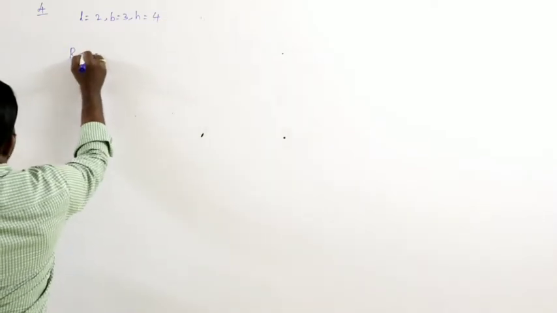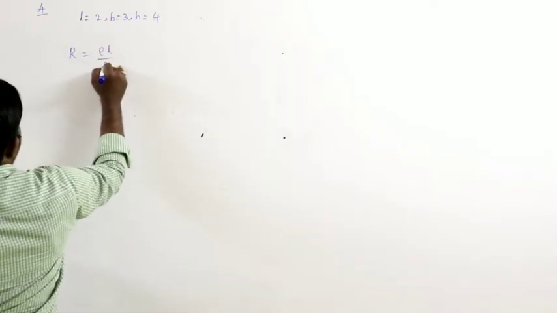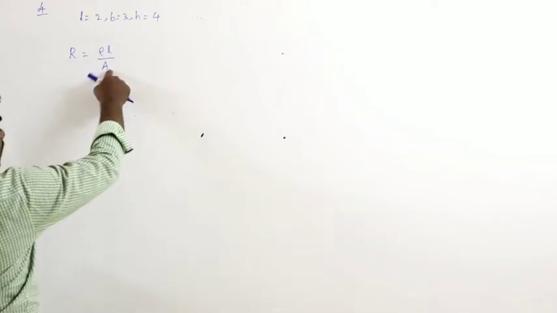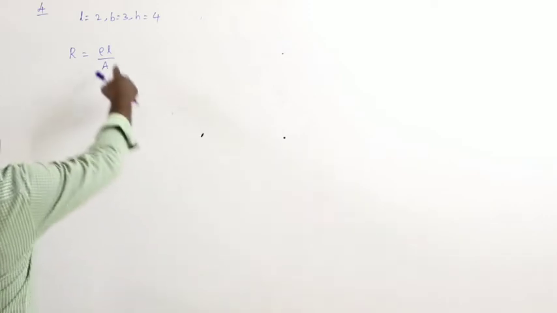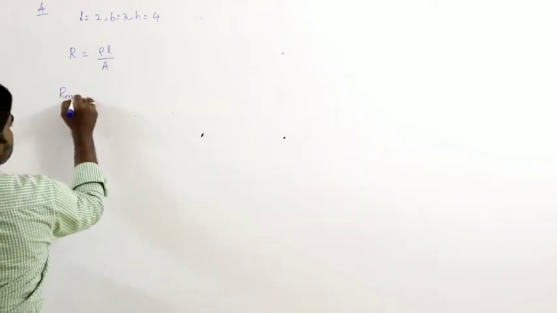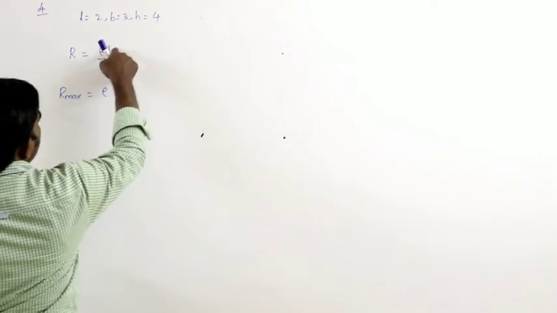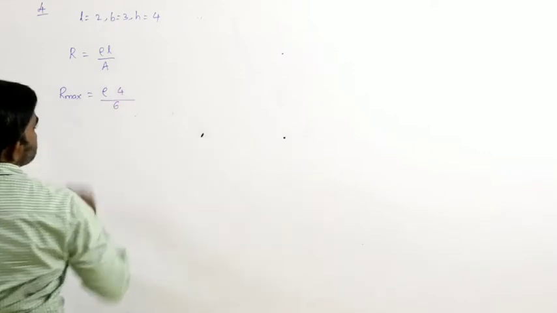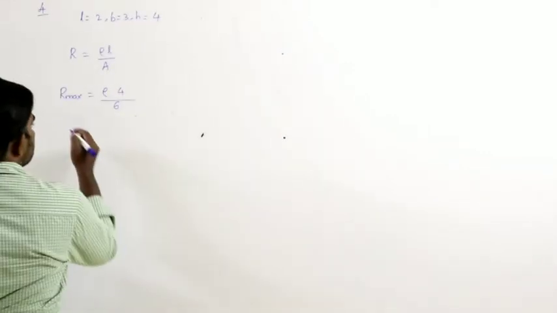So R = rho L by A. When the resistance is maximum, length is maximum and area is minimum. So R maximum is rho into the maximum possible length, 4, over the minimum possible area, 6.